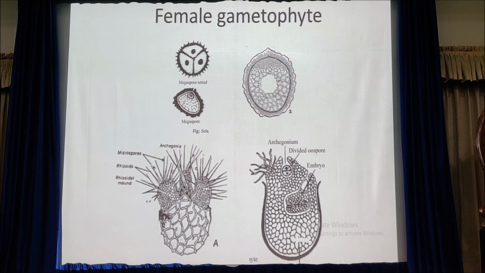The wall formation begins from the apex of the spore, and a cellular mass is formed at the apical region. In some cases, this cellular mass is separated from the non-cellular free nuclear part by a diaphragm. Then soon archegonial initials develop from the apex of the female gametophyte.